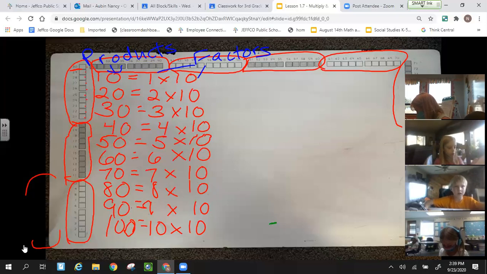That's what happened. Now we got it. 40 equals. 50 equals. 60 equals. 70 equals. 80 equals. 90 equals. And 100 equals.